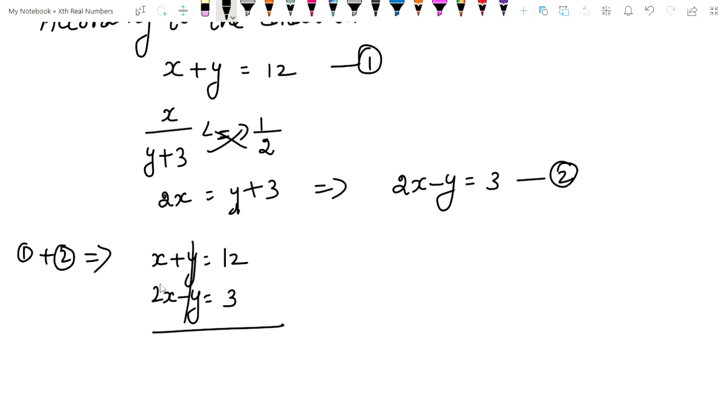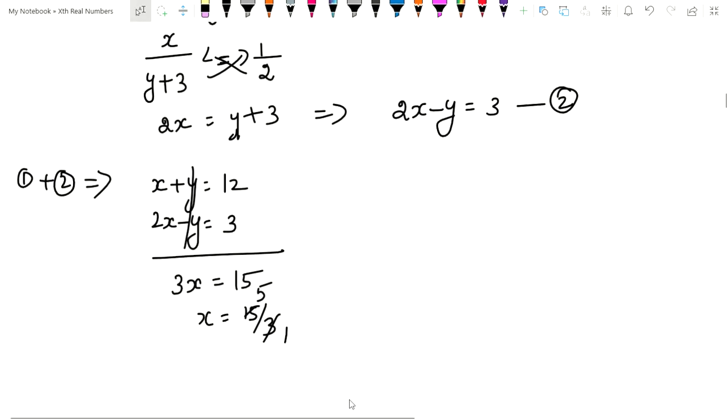Cancel this. x plus 2x you will get 3x. 3x equal to 15. x equal to 15 by 3. 3 ones are 3. 3 fives are 15. Okay. So what is the x value, children? x equal to 5.